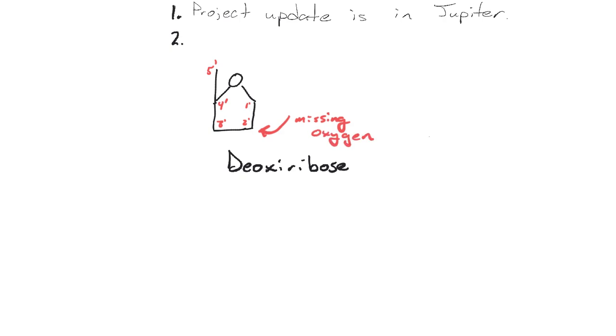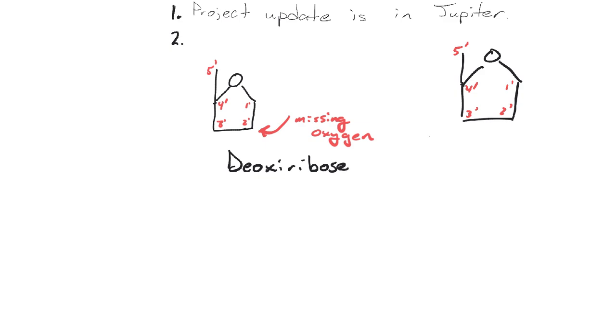Then we looked at ribose. Again, simple structure, I think. Again 1, 2, 3, 4, 5 carbons, same structure.